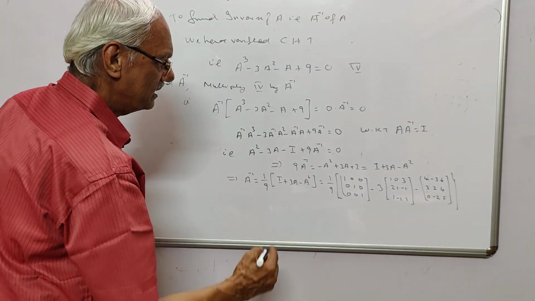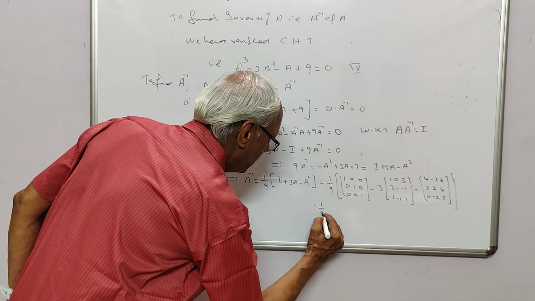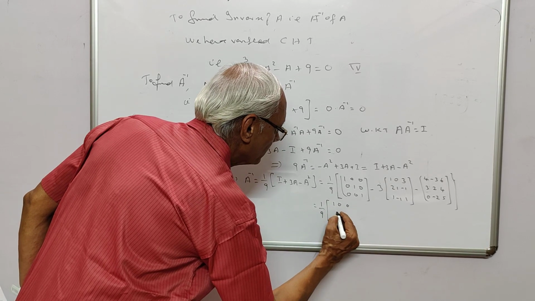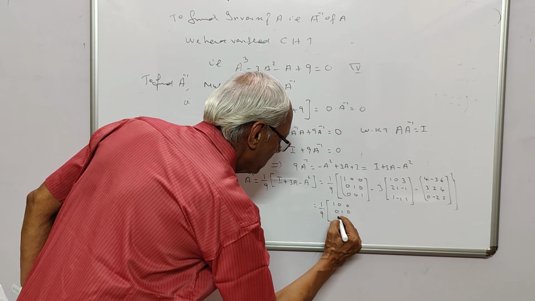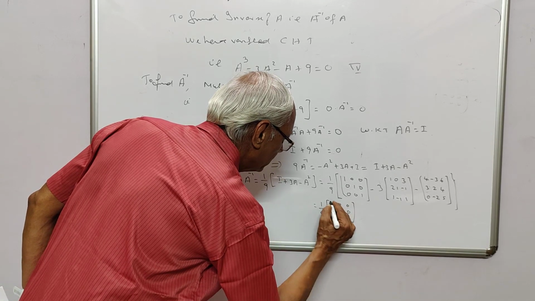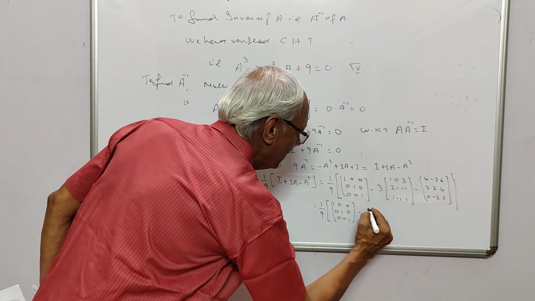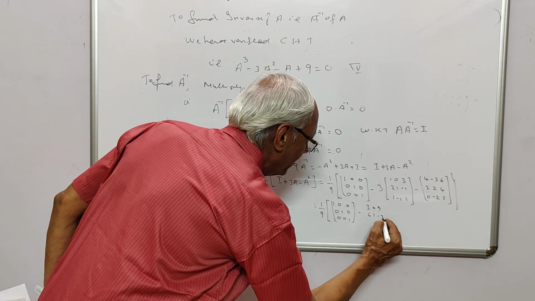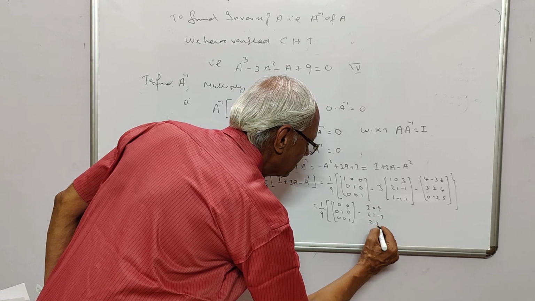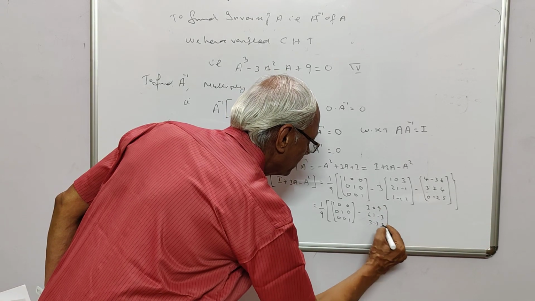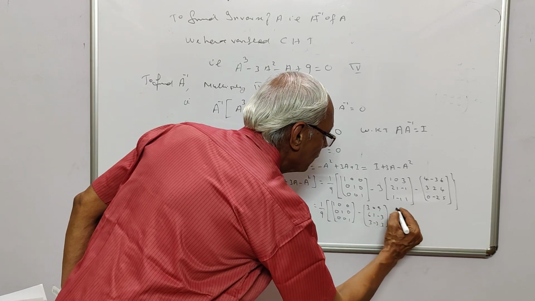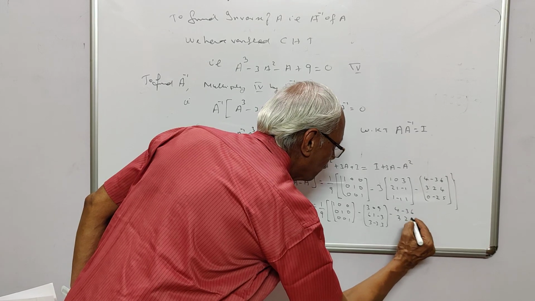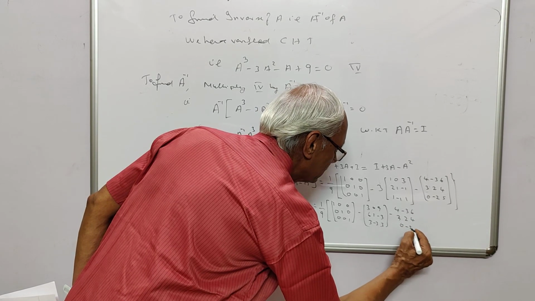Okay, now this is equal to 1 by 9 into the matrix 1, 0, 0, 0, 1, 0, 0, 0, 1, minus, through out multiply, 3, 0, 9, 6, 1, minus 3, 3, minus 3, 3, minus 4, minus 3, 6, 3, 2, 4, and 0, minus 2, 5.